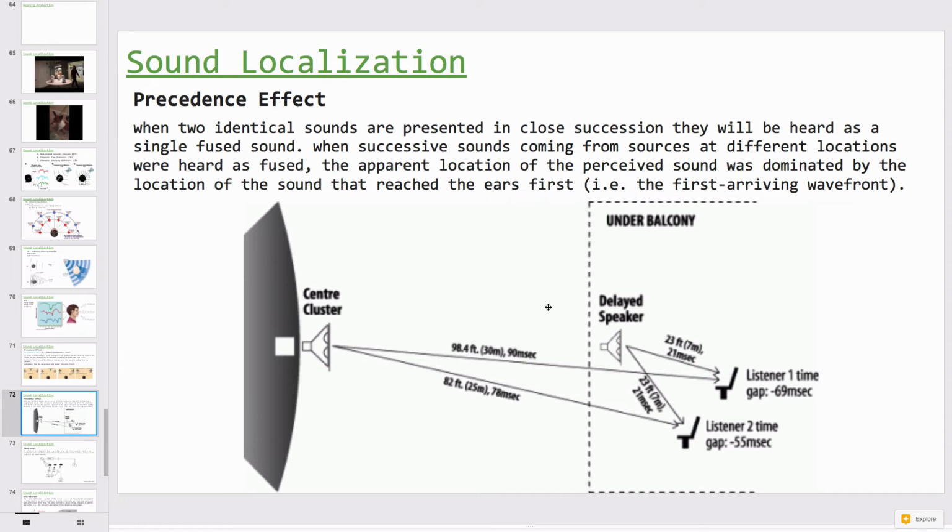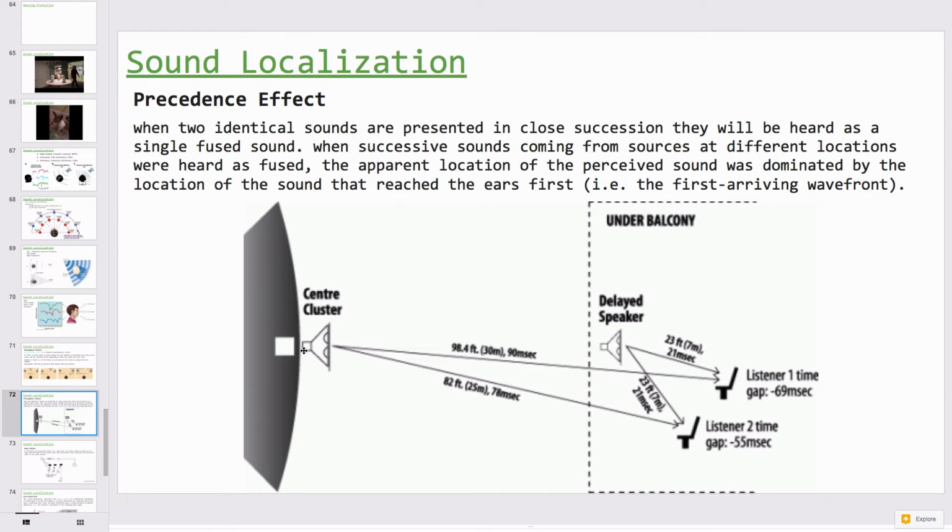All right. So a lot of times, for example, here you want to hear a speaker coming from a podium here, right? But maybe the sound is quite faint. You're not getting a lot of the sound from here because you're sitting way back here. They'll put a speaker here, but then they'll have a slight delay to it.